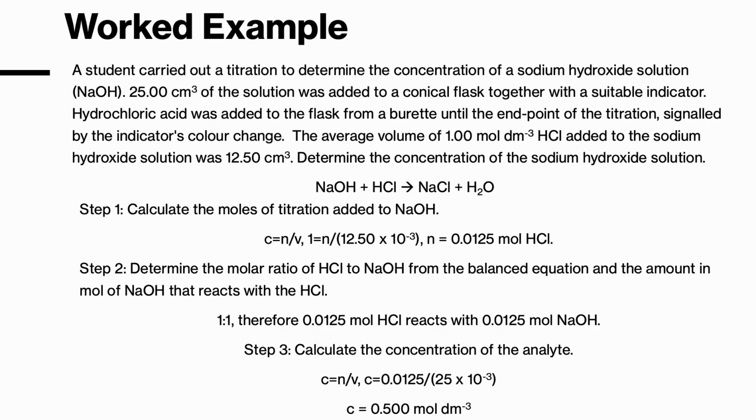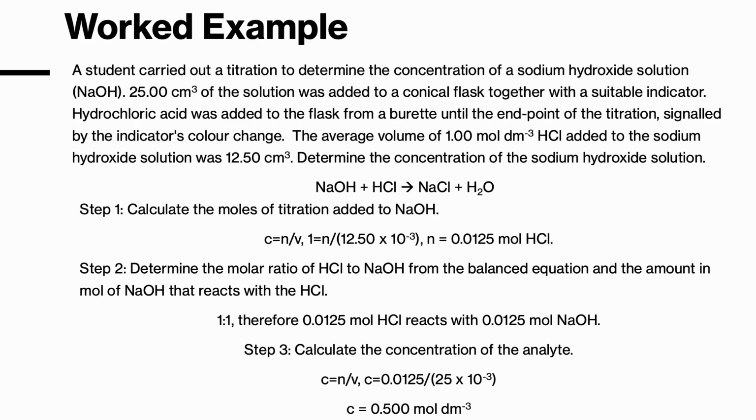The next step is then to determine the molar ratio of HCl to NaOH from the balanced equation, and therefore the amount in moles of NaOH that reacts with the HCl. And as there is a 1-to-1 ratio between sodium hydroxide and hydrochloric acid, there is 0.0125 moles of NaOH.